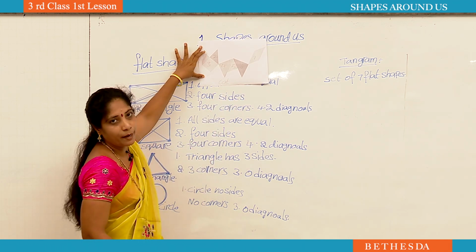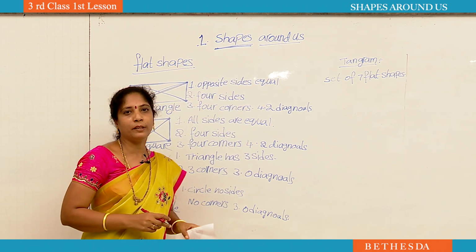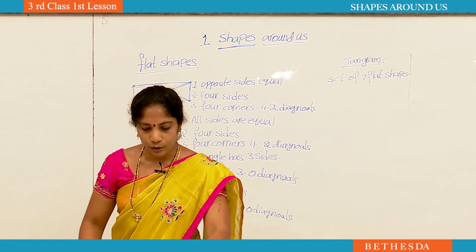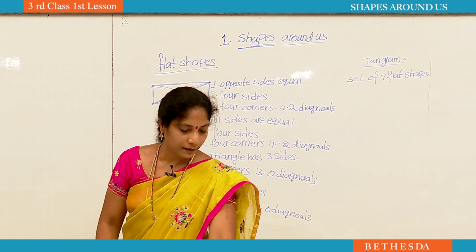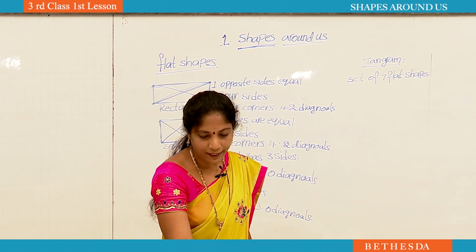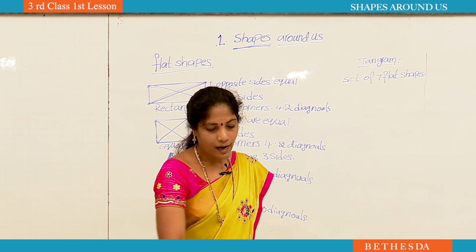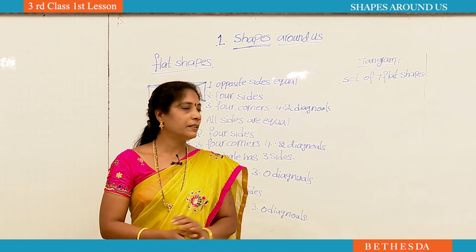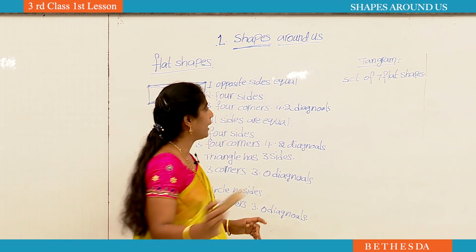Because it is made up of 7 flat shapes. Okay, did you understand about tangram? If you learn this, you can do the tangram activities 1.7, 1.8 and 1.9 with these tangram sets.